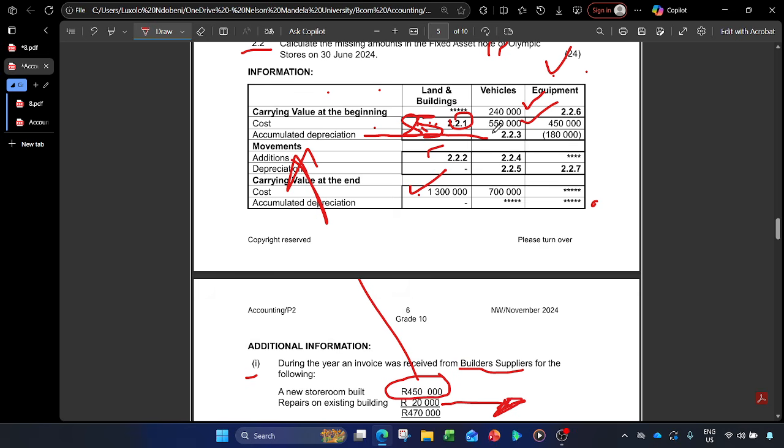Remember, when you say cost minus the accumulated depreciation in 2.2.3, you get the carrying value. So you can say now 550,000 minus the carrying value will give the difference that was deducted, which is the accumulated depreciation. But now let's see how we can do that, because sometimes it's usually confusing.